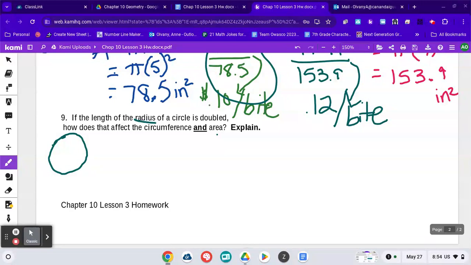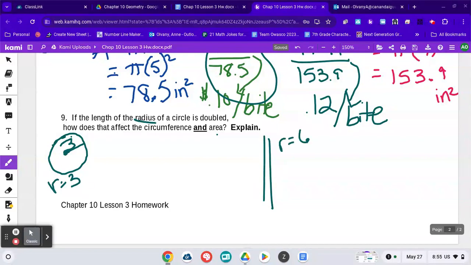So I'm going to pick something different. Anything, 3, 4, 5, but I want to make my life easy. So I'm going to go with 3. Okay. So I have a radius of 3. And it says, what if it's doubled? So over here, I'm going to do a circle with a radius of 6.